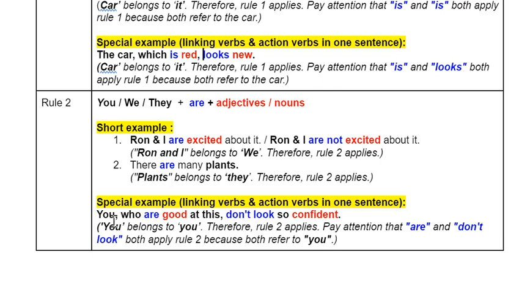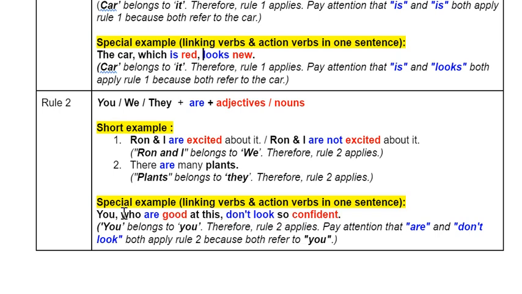Who are good at this? You are good at this. Don't look so confident. Okay, who do not look so confident? You don't look so confident. Remember, you don't. Okay, he doesn't, she doesn't, we don't. Okay, be consistent. You are, you don't look so confident.